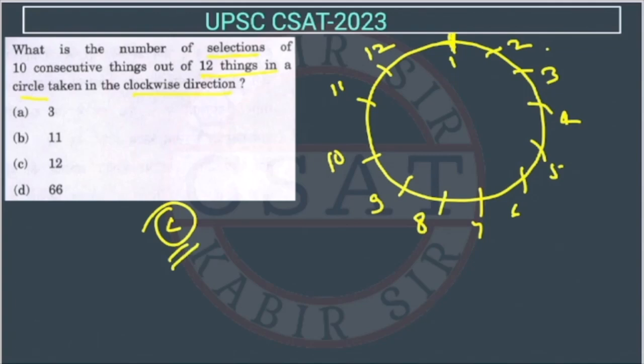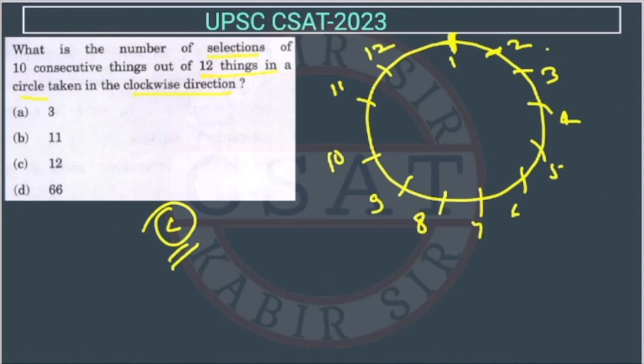Suppose we start from the first point, then we can select 10 numbers, 1, 2, 3, 4, and we will get till 10. Or we can take the second number and go from 2 to 11, or we can start with 3 and select numbers in a clockwise fashion. Or we can select 4 and go till 10 numbers.